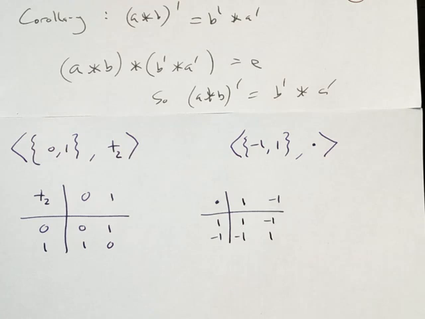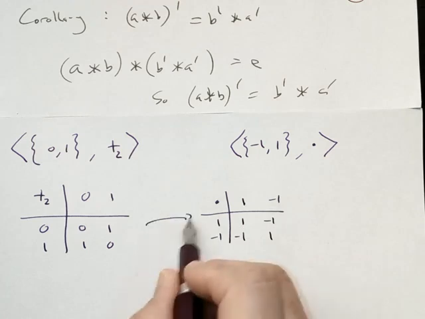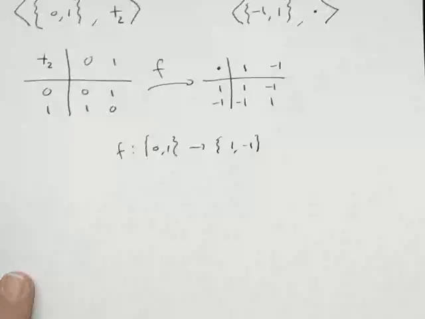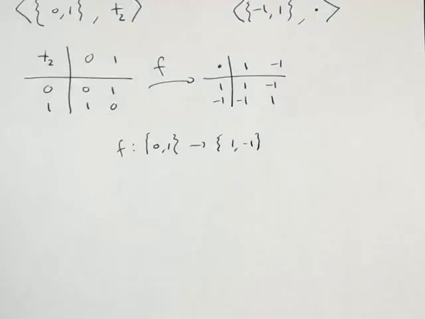So here's a relationship. I'm going to define a function from one set to the other. F goes from the set {0, 1} to the set {1, -1}. And I'm going to define that function as follows.